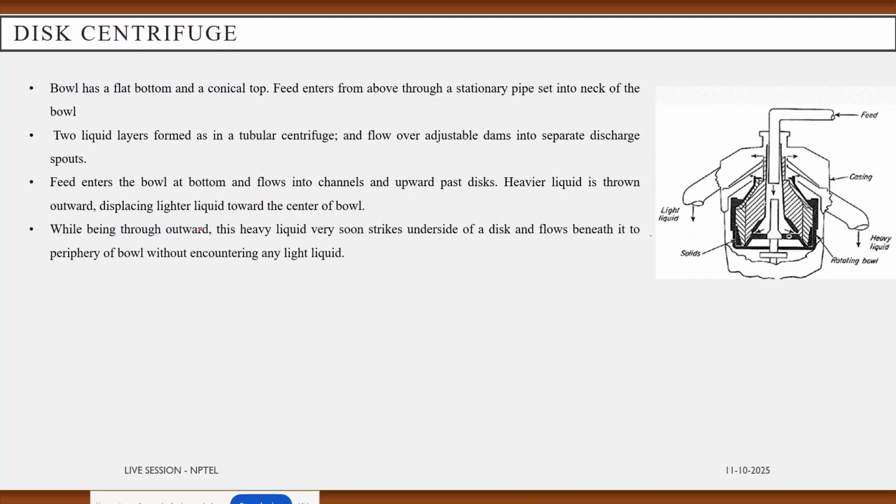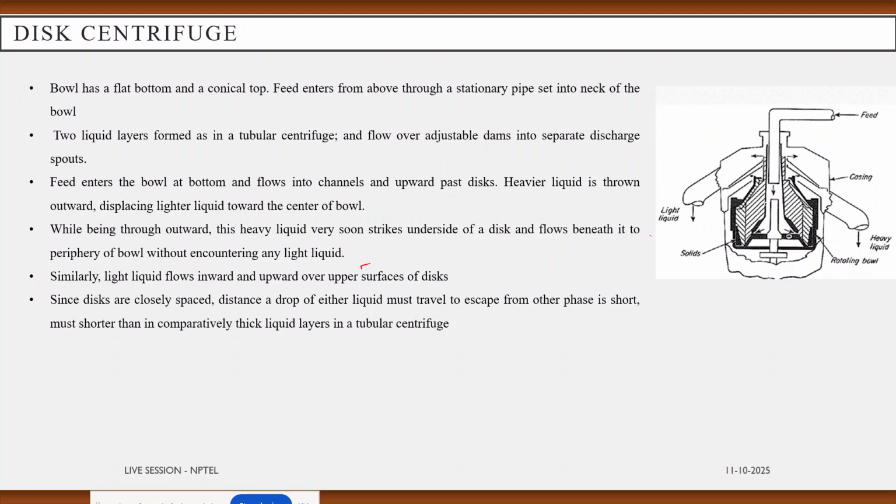While being thrown outward, this heavy liquid very soon strikes the underside of a disc and flows beneath it to the periphery of the bowl without encountering any light liquid. Similarly, the light liquid flows inward and upward over the upper surface of the disc.